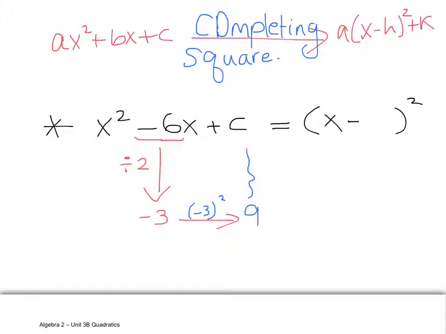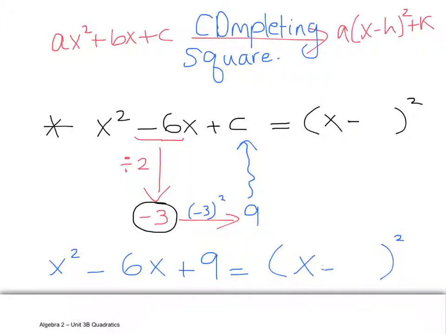So that tells me that c in this case is 9. So x squared minus 6x plus 9 will give you a perfect square. Now to know what number to put on the inside of the parentheses, it's the b over 2. It's the negative 3. So that's why there's a negative 3 over here.